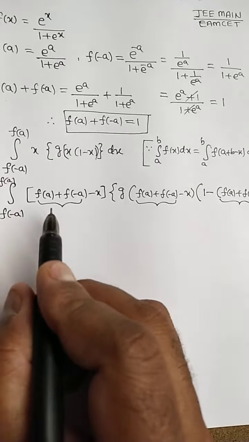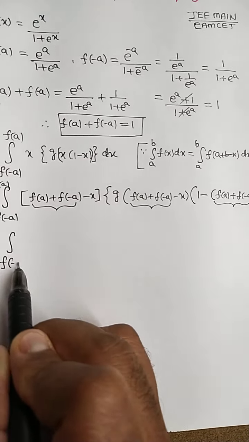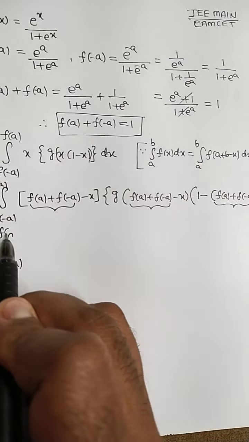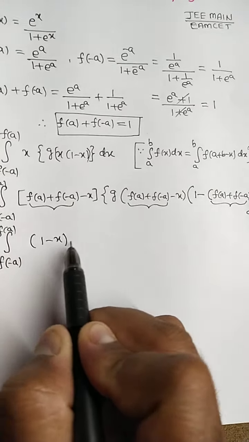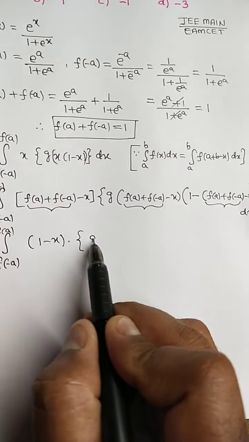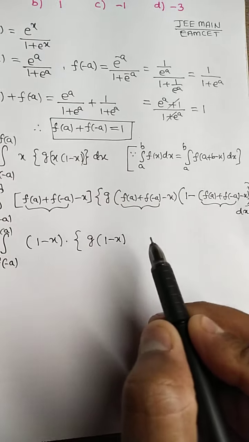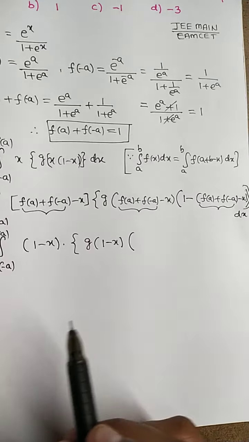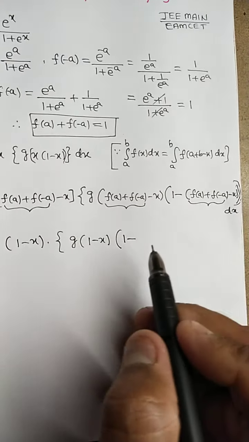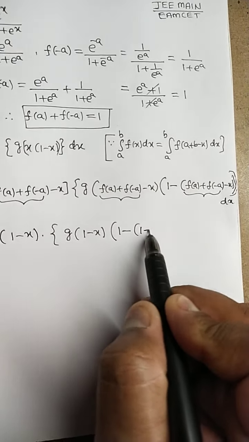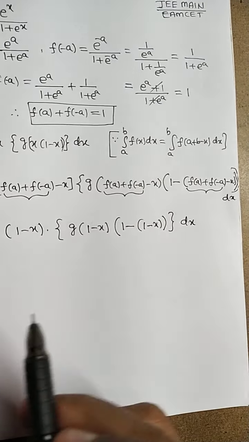Since the value of f of a plus f of minus a is equal to 1, the integral from f of minus a to f of a, this becomes 1 minus x into g of 1 minus x into 1 minus, in place of f of a plus f of minus a is again 1 minus x, keep bracket, into dx.